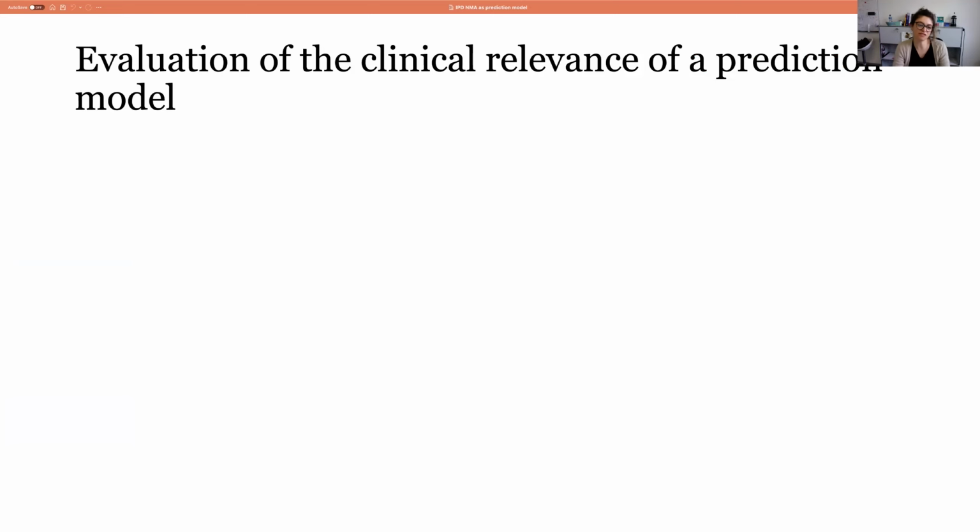And that was the first part of my presentation, which talked about how we developed a prediction model using a two-stage approach, a prognostic model in the first stage, and then an individual patient data network meta-analysis at the second stage.